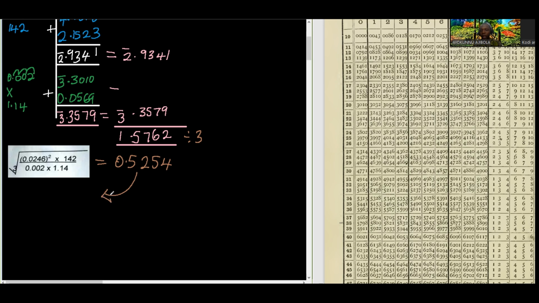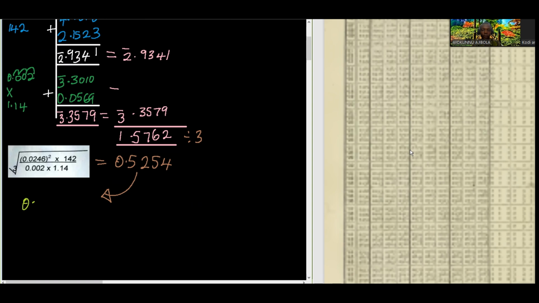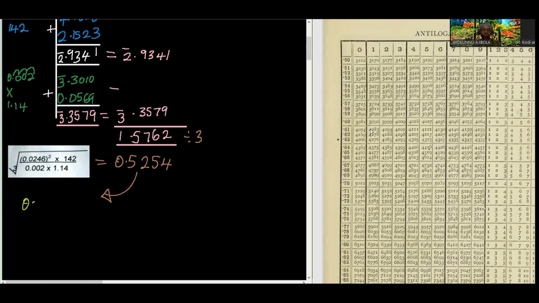We take it out of the logarithm by checking antilog. So antilog comes with a 0 point something. Then we have antilog 52 under 5 difference 4. So here is antilog. We have 52 down here under 5. Then difference 4 is 3.